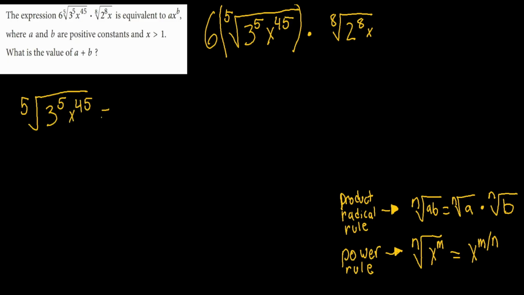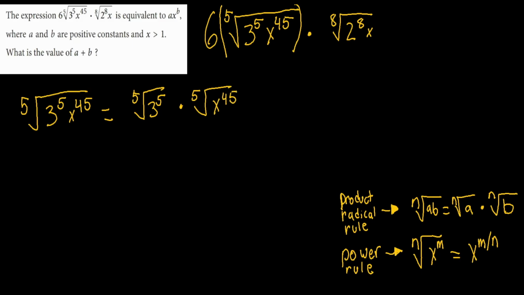And now let's go ahead and simplify it out. The first thing we're going to do is employ the product radical rule. This essentially allows us to take something like AB inside of a square root and multiply it out as A and B individually. So applying that here, we have the fifth root of 3 to the 5th times the fifth root of x to the 45th.